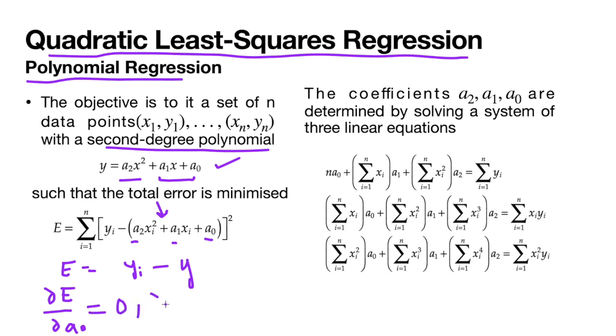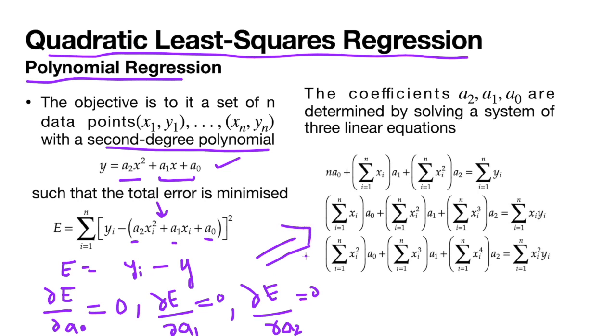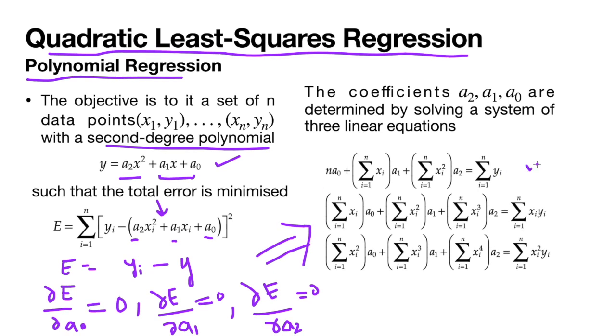Similarly, partial e over partial a1 we will also equate to 0, and partial e over partial a2 we will also equate to 0. After equating them to 0, we get these three equations, 1, 2 and 3.